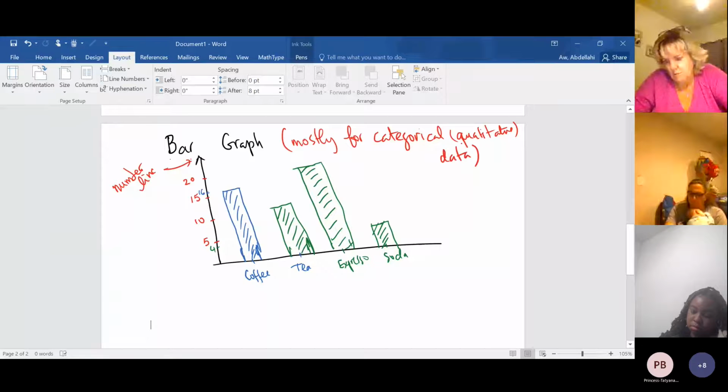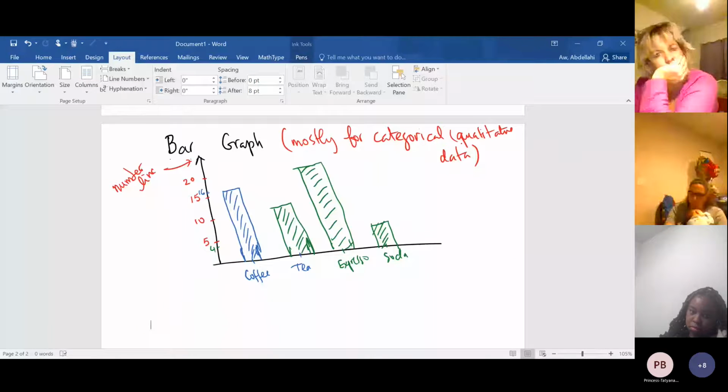This is where we use the bar graph. For quantitative data, we're going to use what you call a histogram next. But for qualitative or categorical data, we use a bar graph.